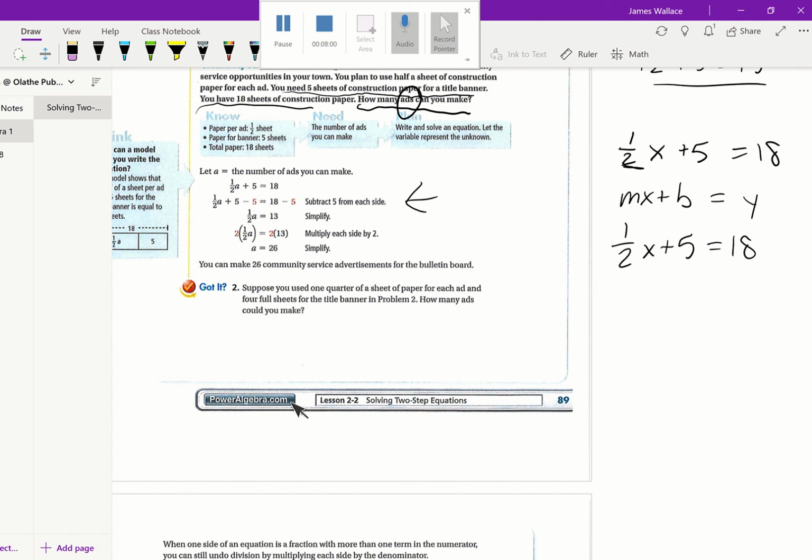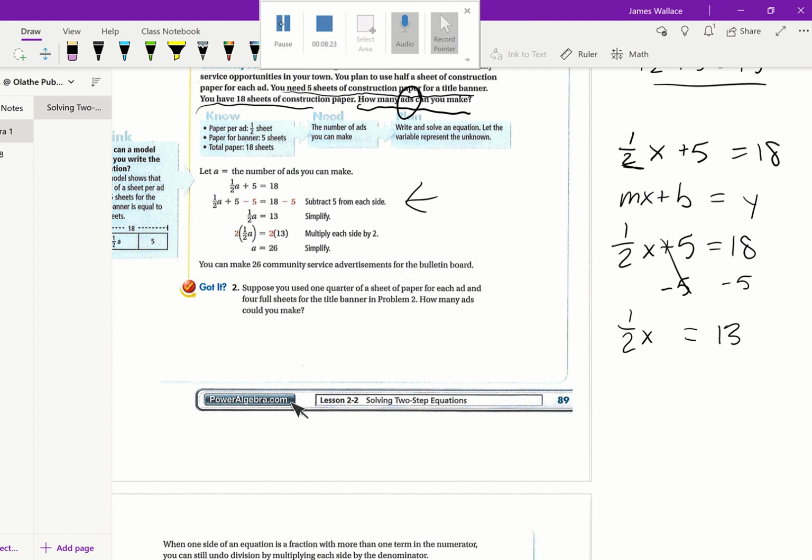Again, now we're just solving. You're going to do the inverse of addition to get rid of that 5. You're going to be left with 1/2 x equals 13. Next, you have a fraction, and a fraction is the same as division. So you have to remember a fraction is the same as division.